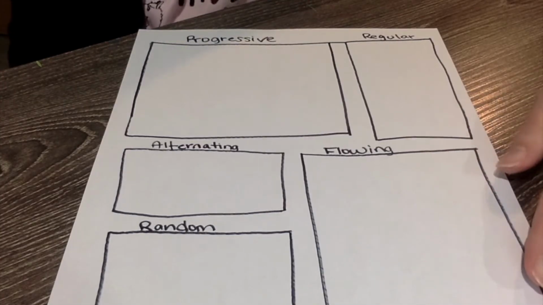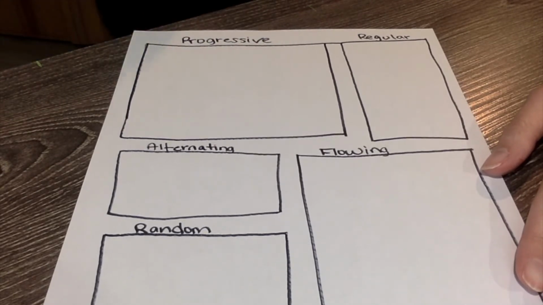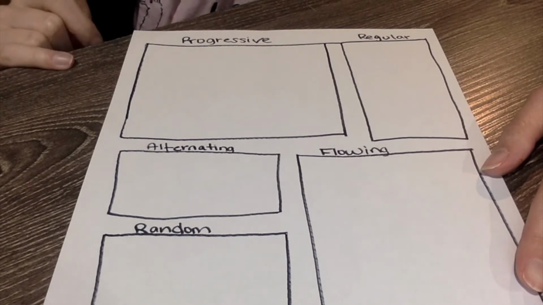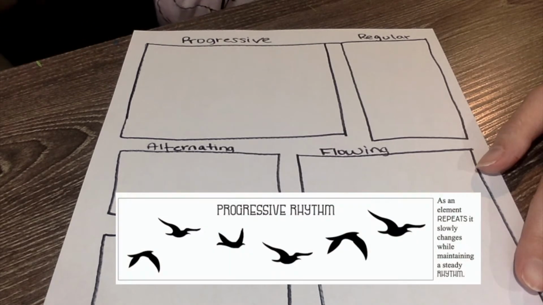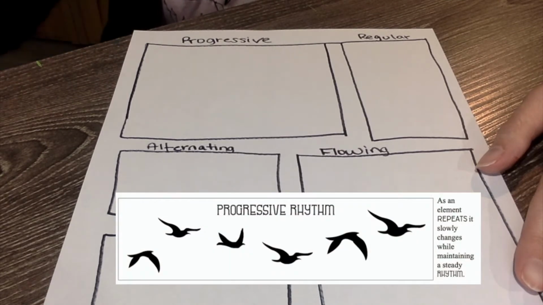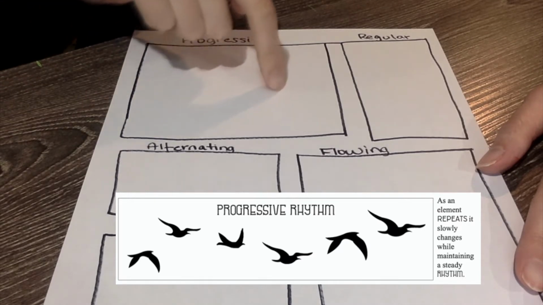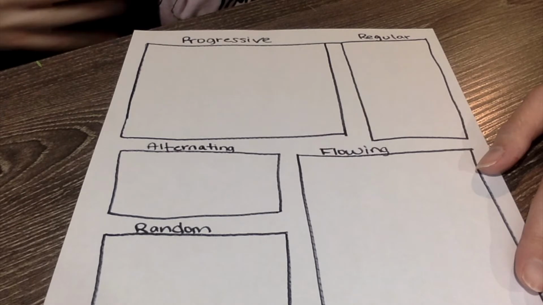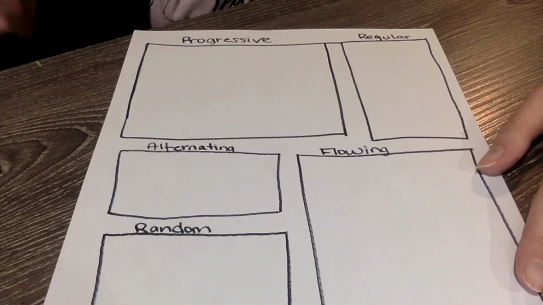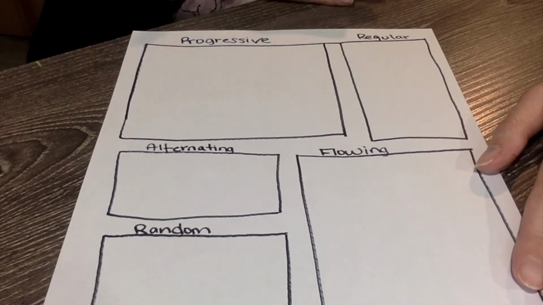So on your worksheet, or just a blank piece of paper, we have a few different things that it asks you to do. The first is progressive. In our example of progressive, it has multiple birds going through the piece, and as it goes up and down to get from one place to the other, it repeats the pattern in a slow, steady repetition all throughout.